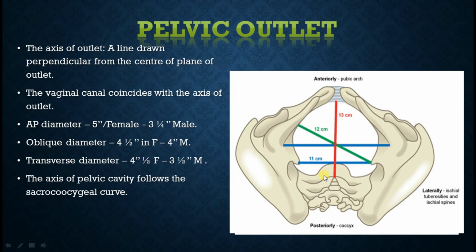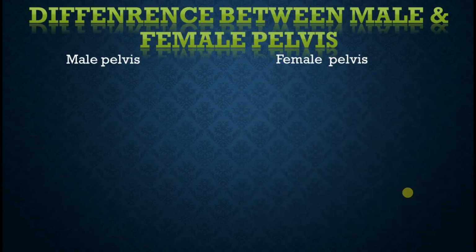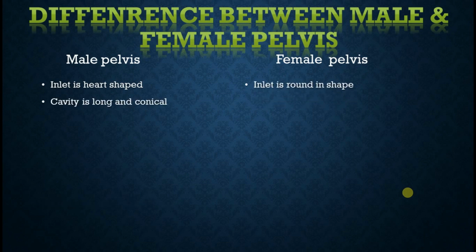So as I told you, the axis of pelvic cavity follows the sacrococcygeal curve, and the upper part is actually downwards and backwards, and lower part is downwards and forwards. So coming to the difference between male and the female pelvis, to be concise, inlet is heart shaped, here it is round, cavity is conical and long.